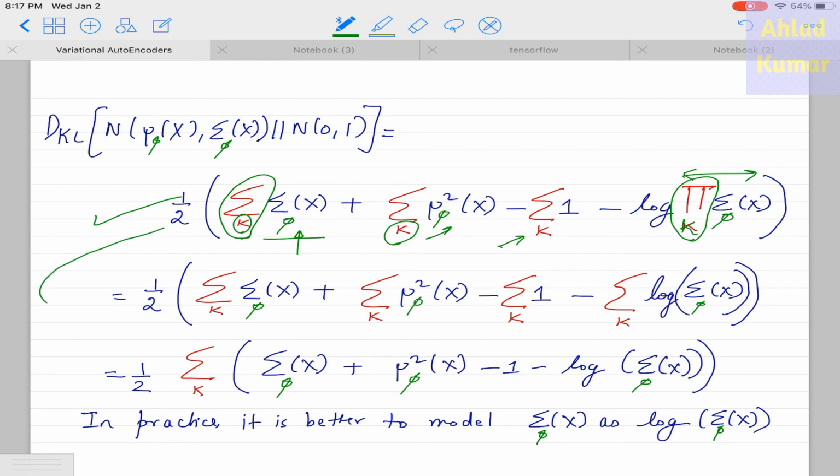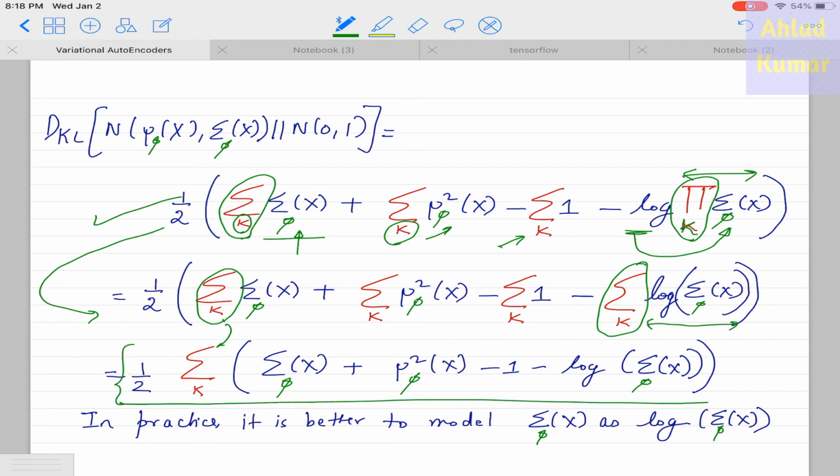So this can be further simplified by pushing log inside this expression. Once you push it inside the product, the product will change to a summation and it will be log of sigma phi of x. So we are just bringing the summation over k outside. So this is our simplified closed form expression for the KL divergence, which is defined over here.